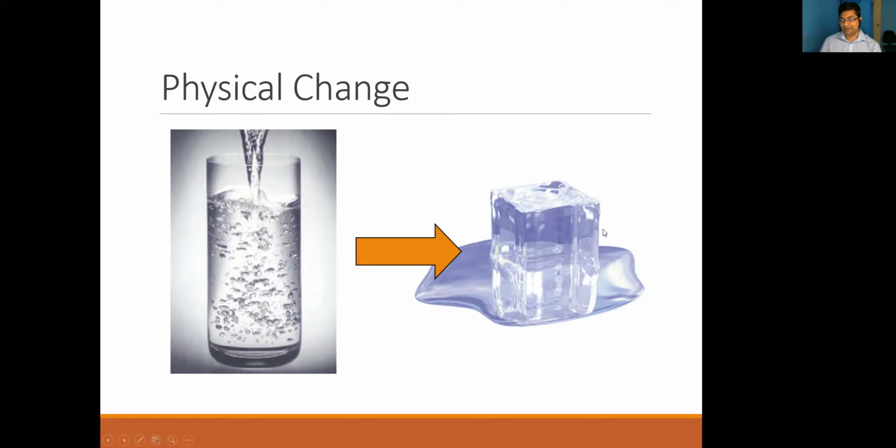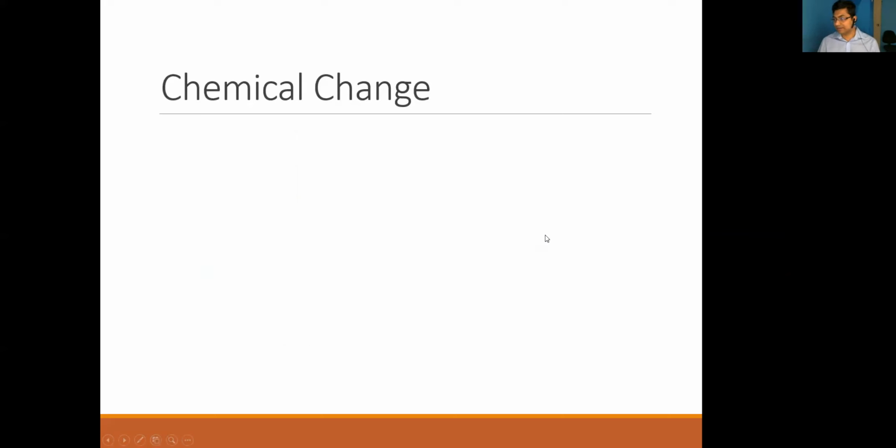It changes from water to ice. This is a physical change because we are not changing the chemical content of water, which is H2O. You already know. That's great. So changing from water to ice is a physical change, although the shape has been changed.